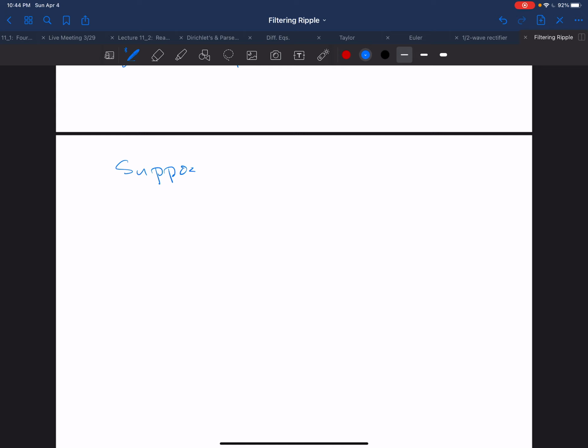Suppose that in order to do so, we pass the signal through an LTI system with a given transfer function H of s.